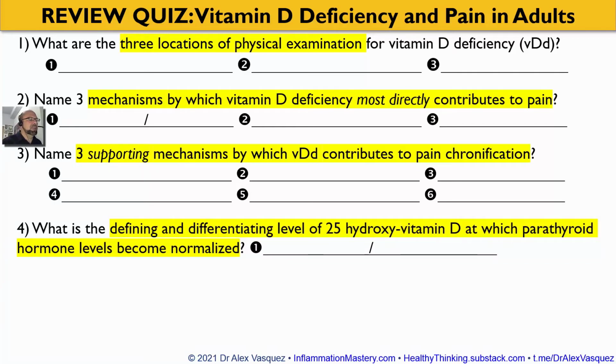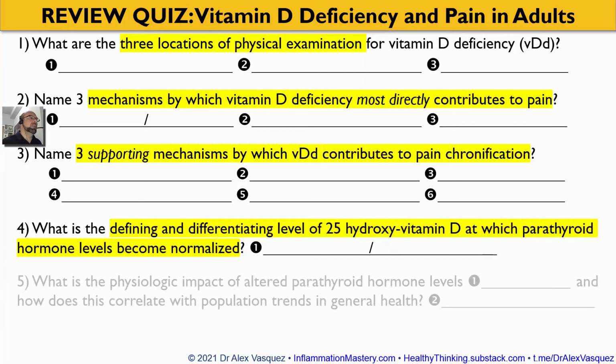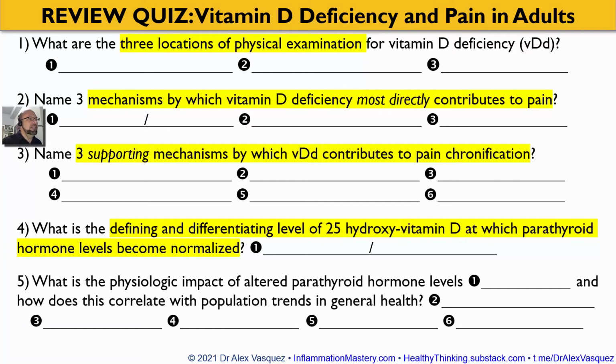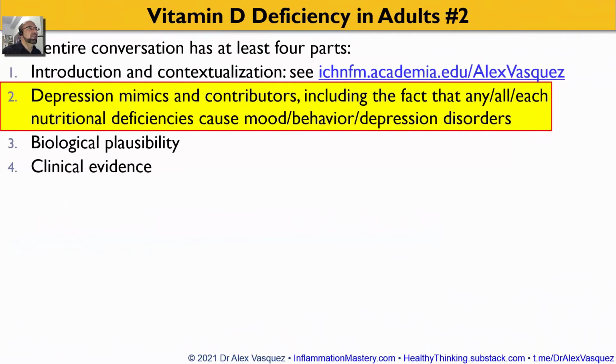So give or take a few percentage points, we all should have pretty much the same number there. What is the physiologic impact of altered parathyroid hormone levels, and how does this correlate with population trends in general health? So those are some questions that you might be able to answer to then build on to that foundation as we advance the conversation today, focusing in on depression and mood disorders as related to vitamin D deficiency.